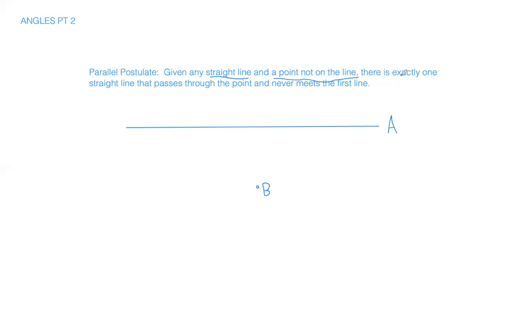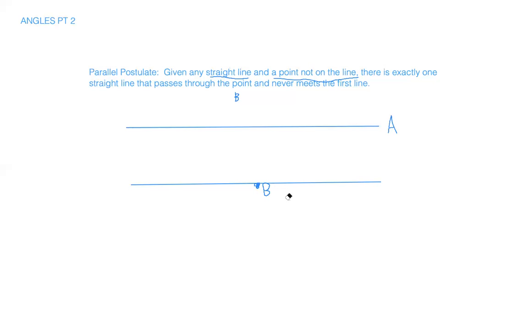So they say there is exactly one straight line that passes through the point, which is B, and never meets the first line. What they're saying basically is that there's only one line that can cut through B. Oops, my apologies, because this does not actually cut through B. Let's just make this a little bit bigger. So there is only one line that can cut through B that will be parallel to line A.